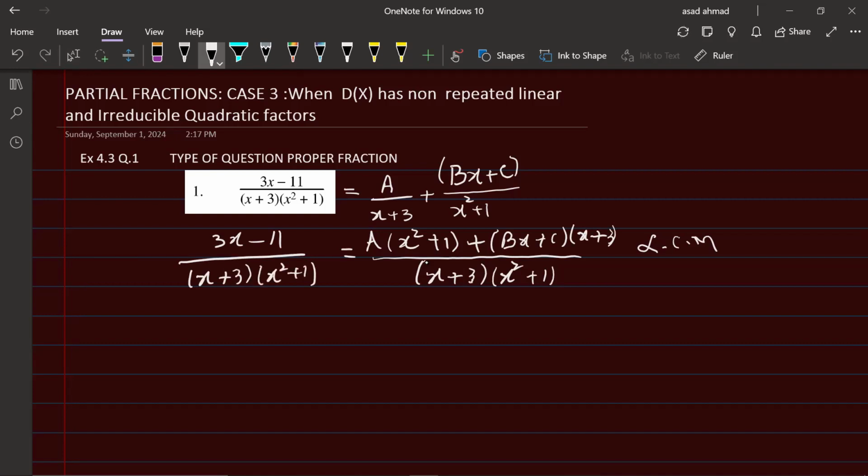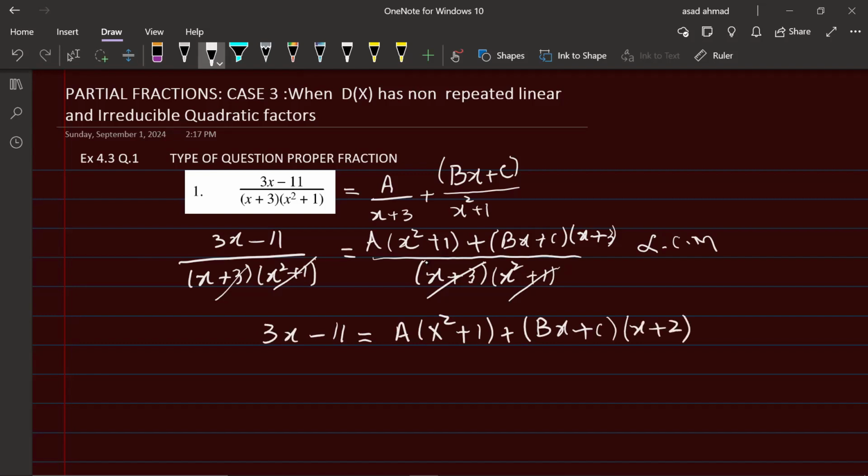Once we have taken the LCM, we will cancel out these terms from both sides, and we will form an equation, let's label it equation number 1.